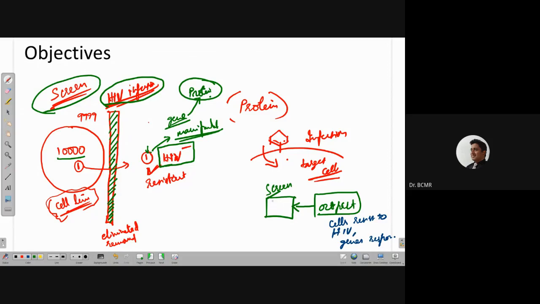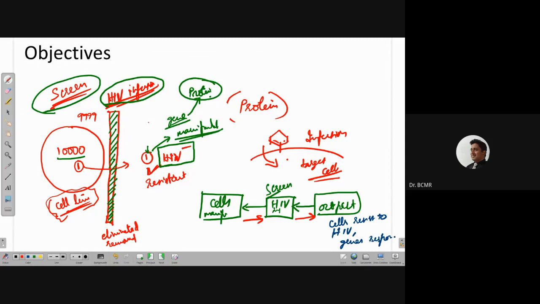If I'm going to use a certain screen, something like here using HIV infection, then I should know what I should do to the cells, how to manipulate the cells. Majority of research goes in the reverse direction: you will do something, treat with a compound, and see what happens.